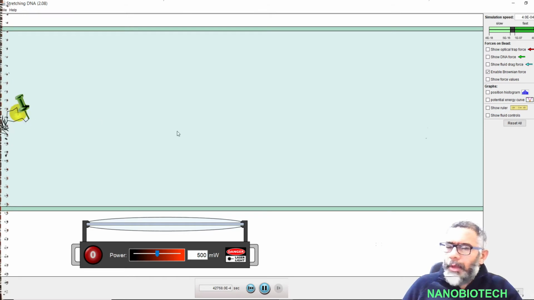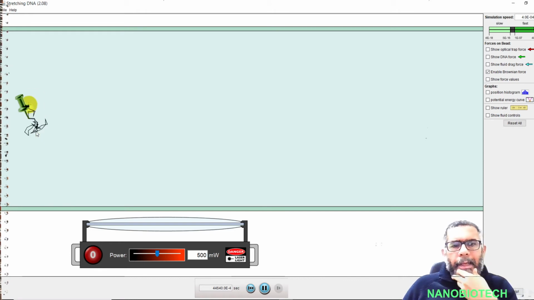Why? You might think that the DNA was stretched while the sphere was over here somewhere, but when you release it, it is pulled backwards by the DNA. The sphere is doing this zigzag motion because of the Brownian motion.